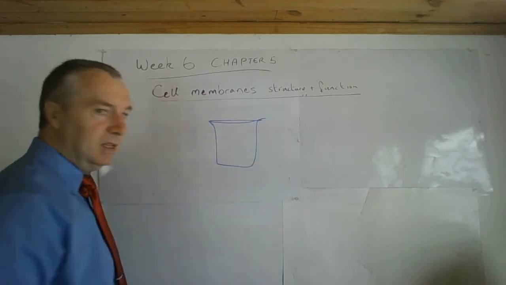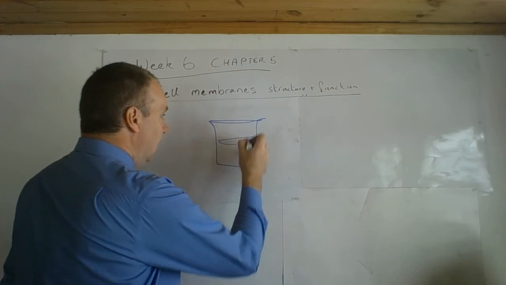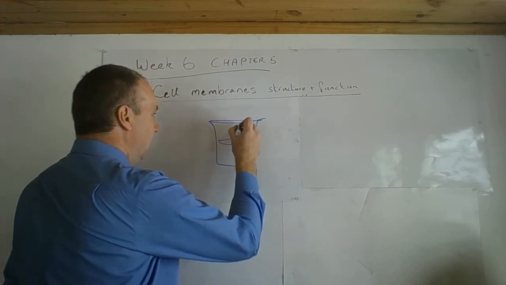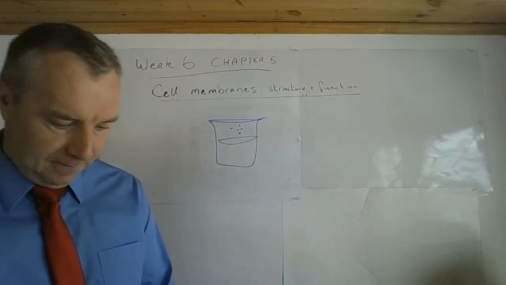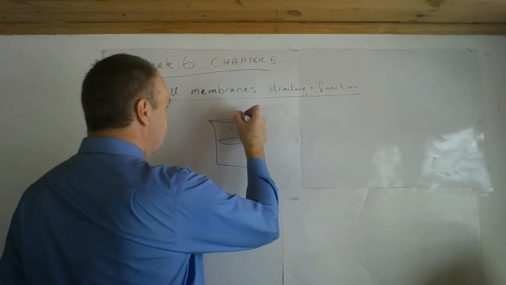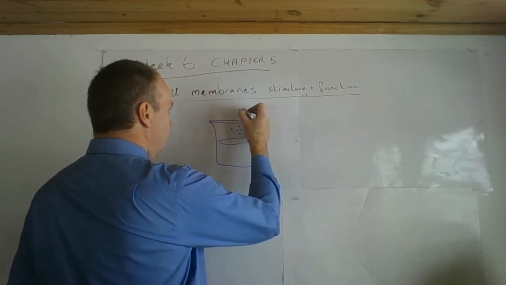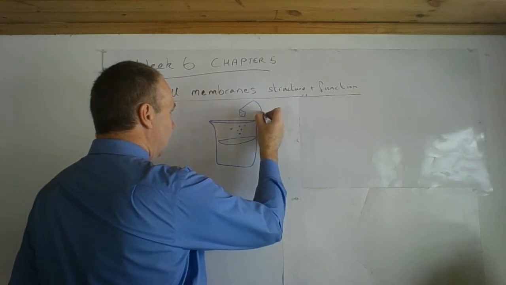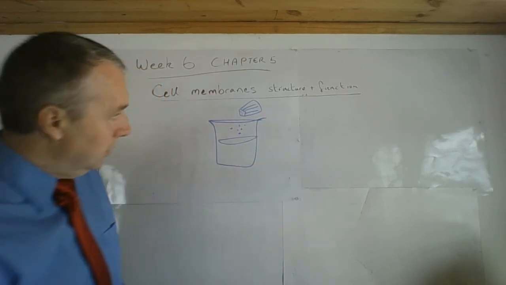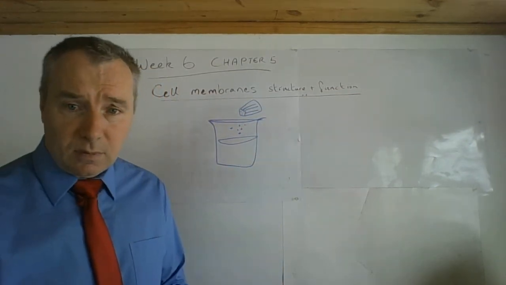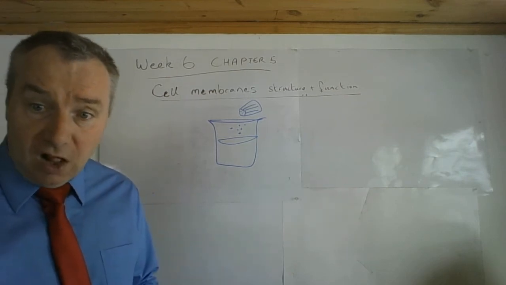Another beaker. This time I put in water, and I sprinkle in some salt. And so the salt dissolves in the water. Here's our salt cellar. So the salt dissolves in the water, and we call the water the solvent.